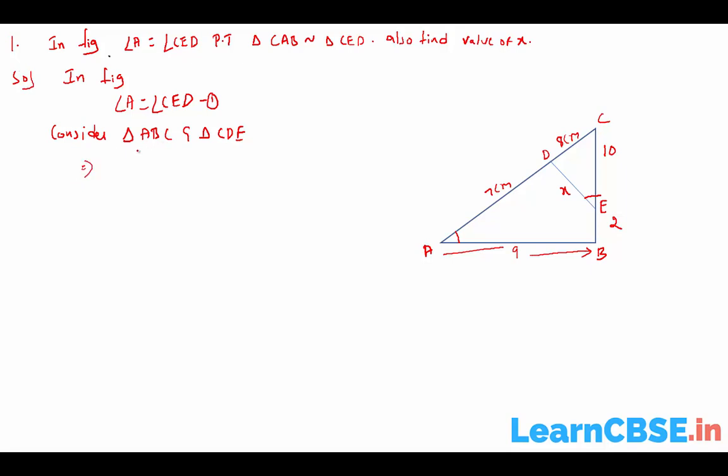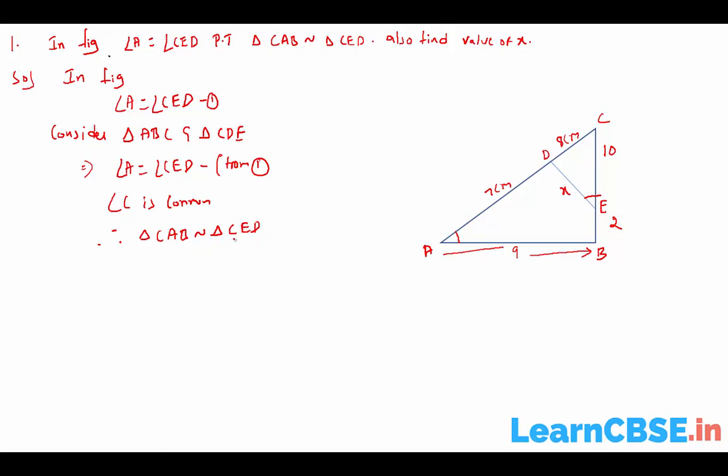In triangle ABC, angle A is equal to angle CED, given from 1. Angle C is common, therefore we can write triangle CAB is similar to triangle CED.